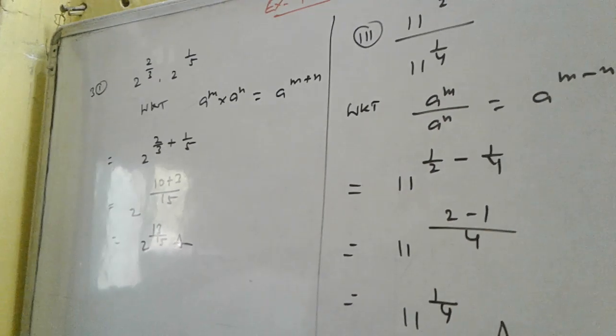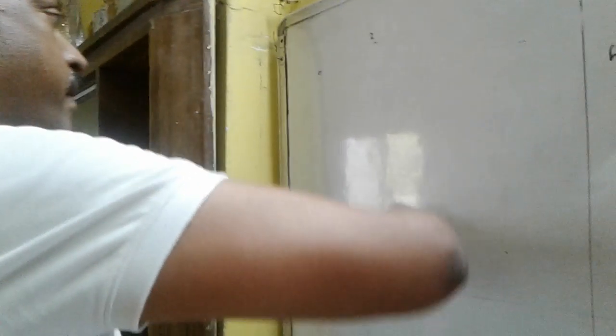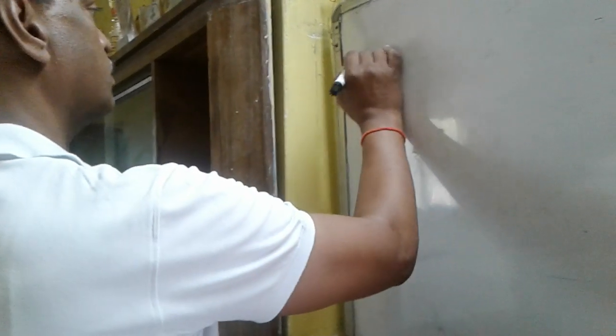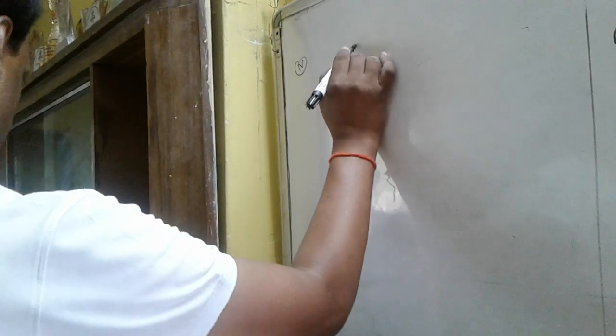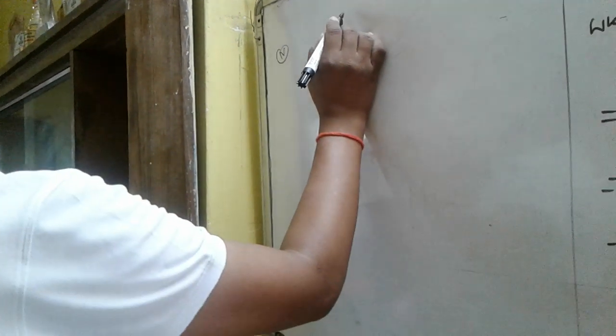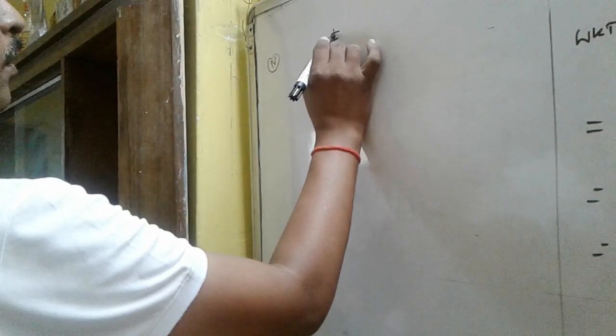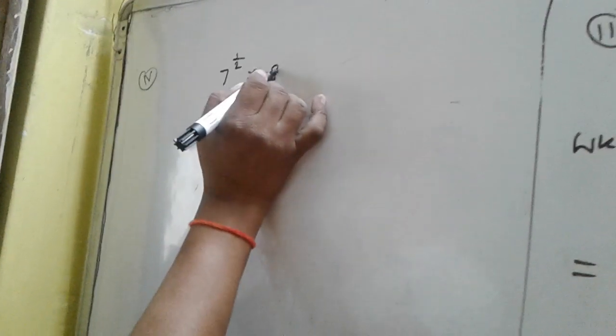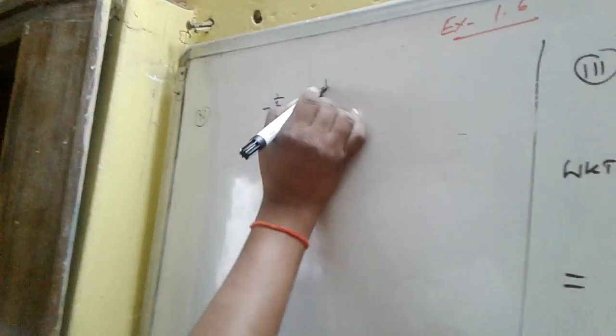Last question. This is question number 4. 7 to the power 1 by 2 into 8 to the power 1 by 2.